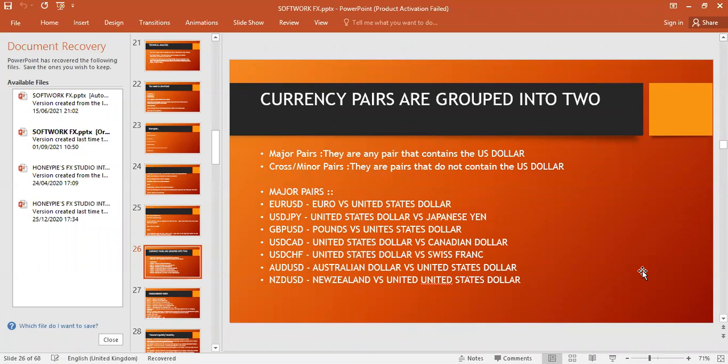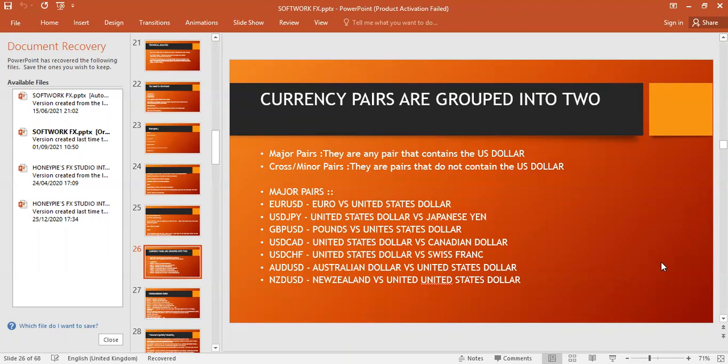When we are talking about the major pairs, we are referring to any pair that is crossed with the US dollars.